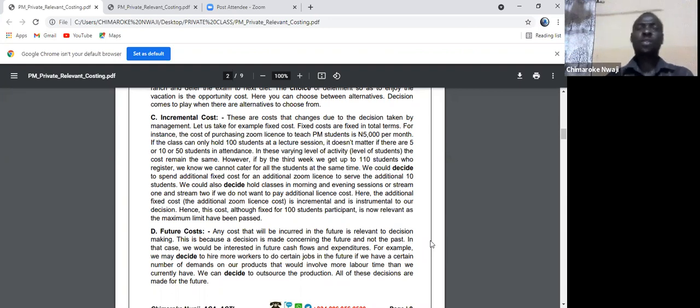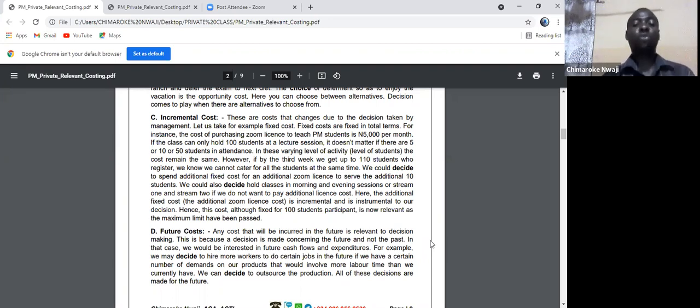We could decide that, okay, let's increase the size of our Zoom capacity from 100 to like 300. That is another choice. So you see here now that fixed costs, which usually do not behave incrementally, are now facing a choice, facing alternatives.